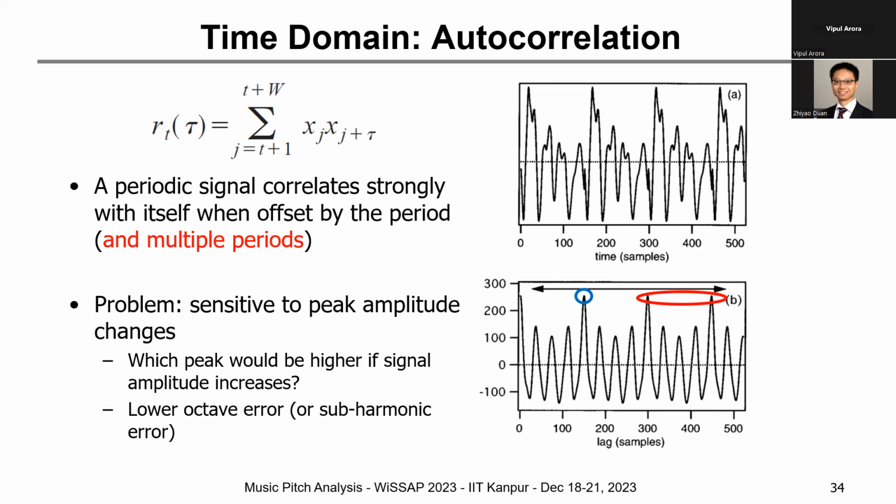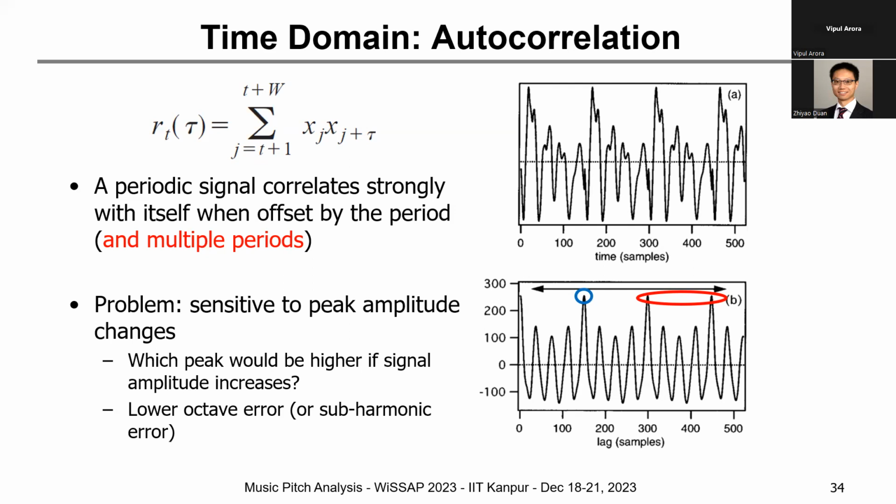If you shift by 2 periods, you also get a very high value because it's also a repetition of itself, and likewise at 3 periods, or at 0 shift, which is just multiplication with itself. But if you shift by half a period or other shifts, you get a low autocorrelation value. So with this function, if you're able to detect the first non-zero lag but significant peak, then we uncover the period of the signal.